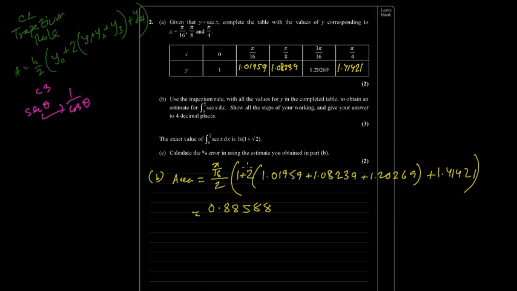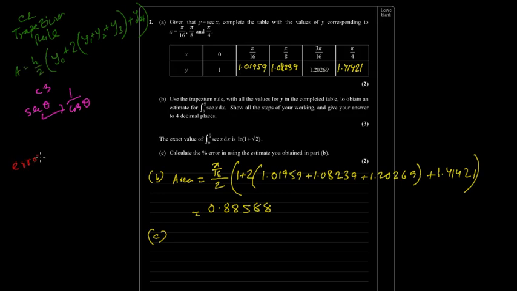0.88588. The answer has to be, they didn't mention, so let me write it in 5 decimal places. Question number C, the exact value is given, ln of this integral. So the approximate value of this integral is done by the trapezium rule, and the exact value is this, ln of 1 plus square root of 2. So calculate the error percent. Error percent is a concept.